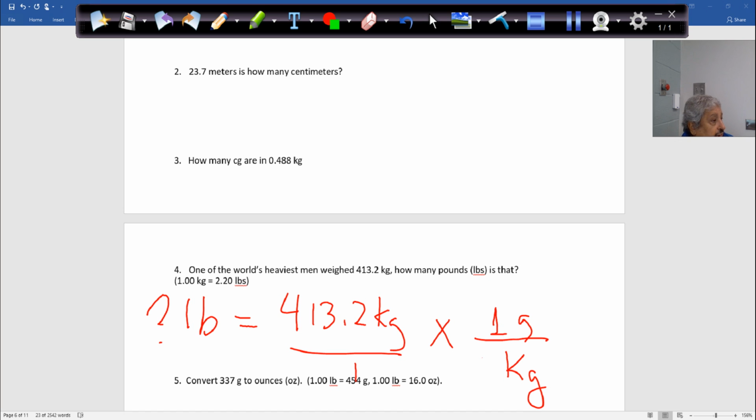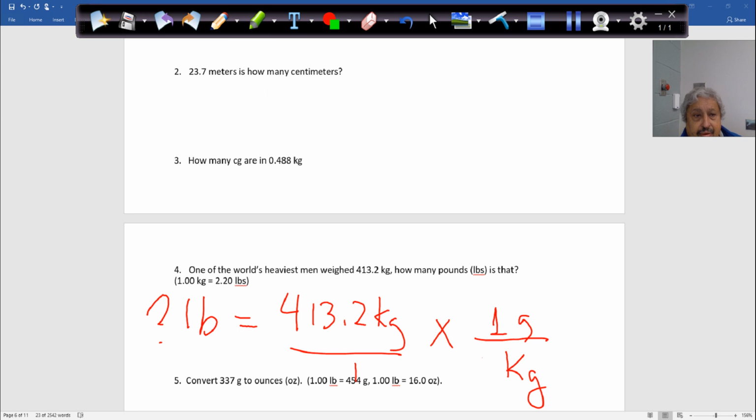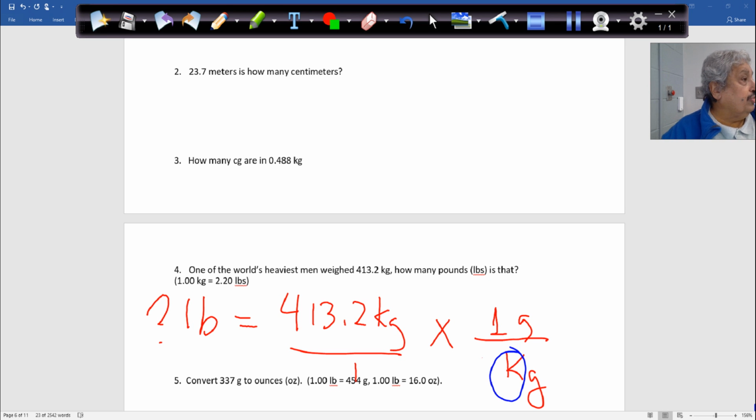Okay, guys. I always show my students the trick here. I have a kilogram, correct? Kilo is 10 power plus 3.